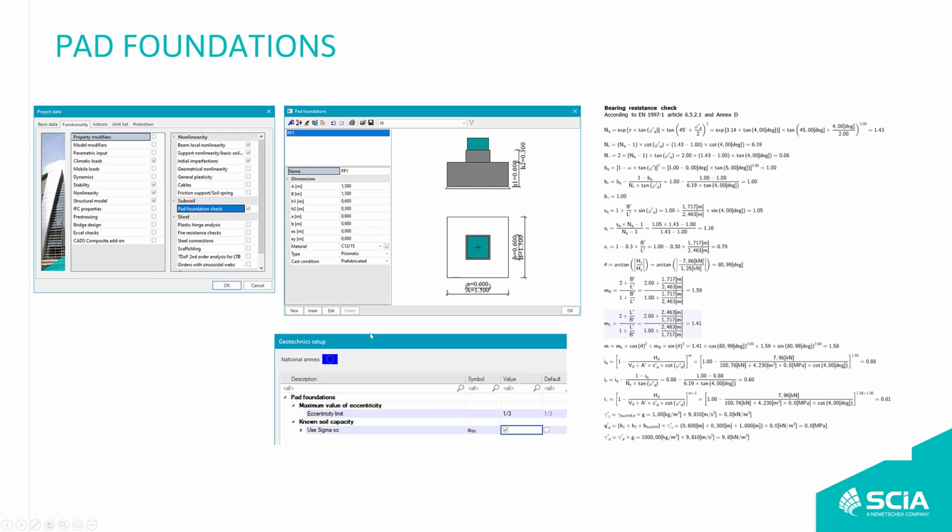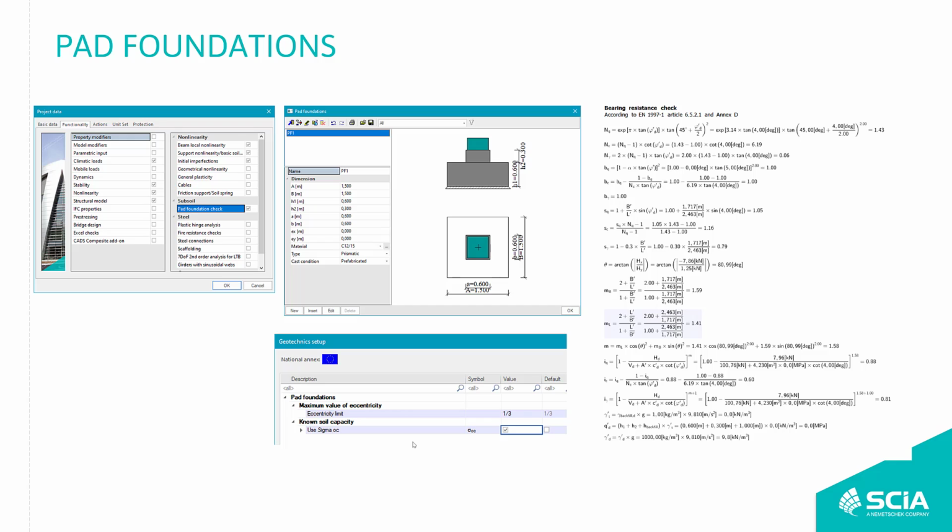You can also use the new capability in the case of the geotechnic setup, that you can use the sigma OC, the known soil capacity. Once you have modeled pad foundations in a project and run the calculation, it behaves like a support.